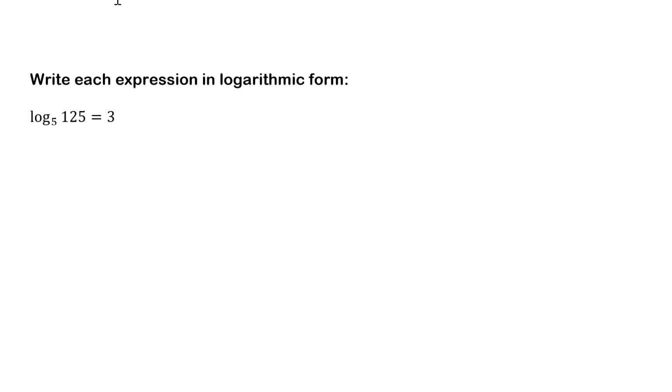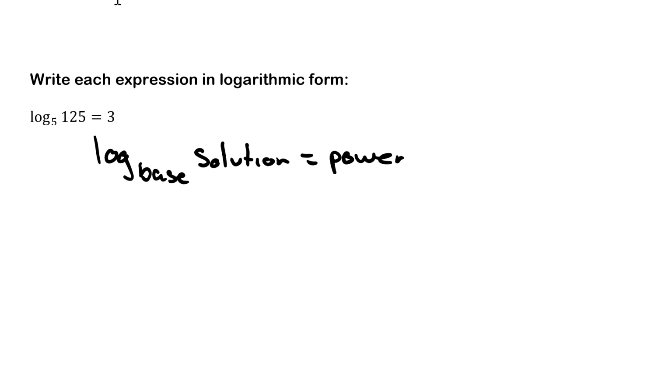Next, we need to write each expression in logarithmic form. So again, I'm going to write that log base solution equals power. And remember, we have base power equals solution.